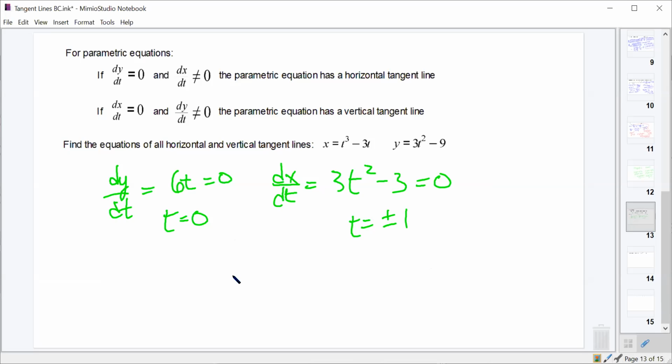And so how do we find the horizontal tangent line when t is 0? Where do we need to plug that t equals 0 in? We plug it in both places or one or the other? Where do we plug in t equals 0 to find the horizontal tangent line?